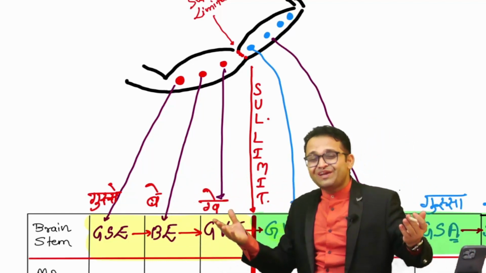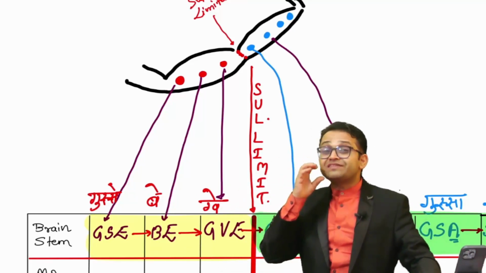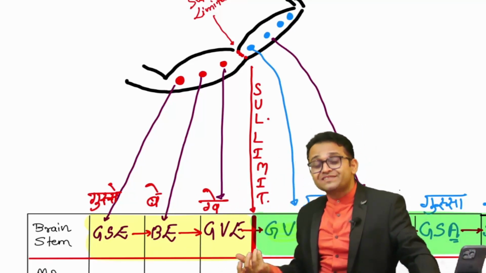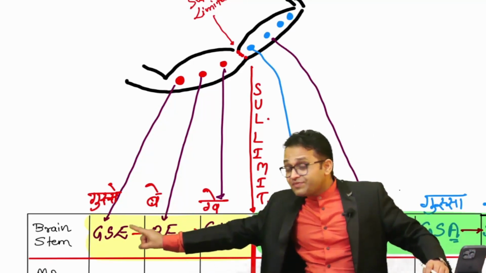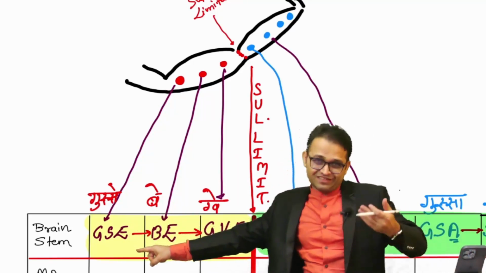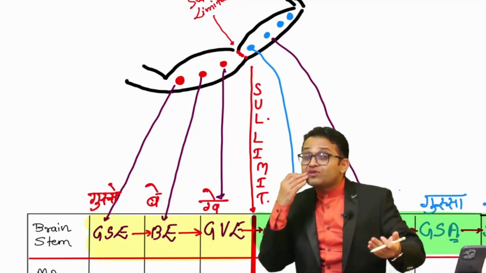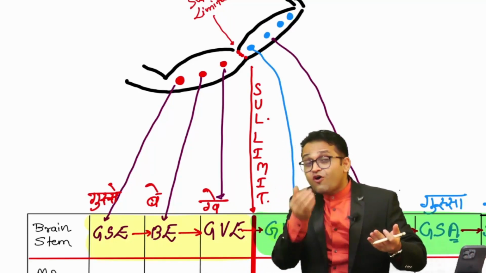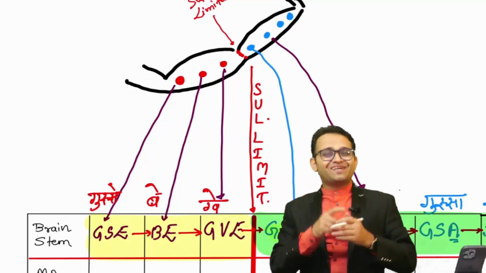Do you remember we learned that the muscles of the tongue develop from the occipital somites? Because they develop from the somites, you will say somatic, and these are motor, that's why efferent. And what is the nerve of the tongue muscles? The 12th cranial nerve.